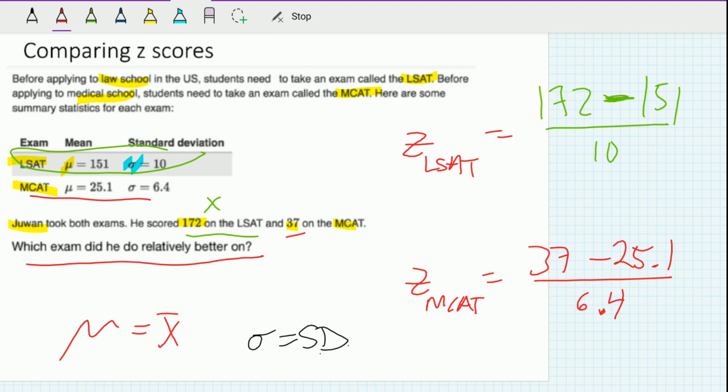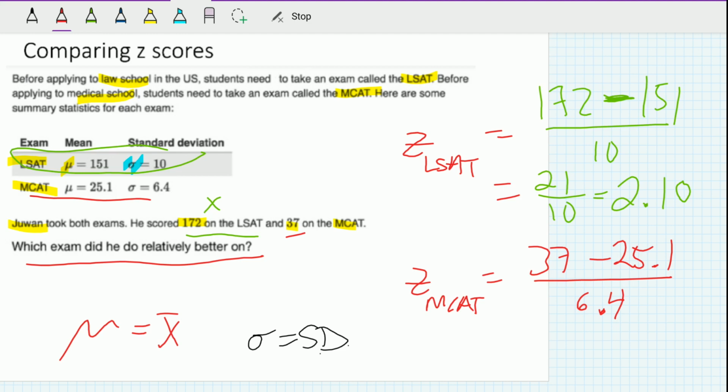So let's see, 172 minus 151 is equal to 21, divided by 10, which is equal to 2.1. Remember, we need two decimal places, so I'm going to add a 0 there.